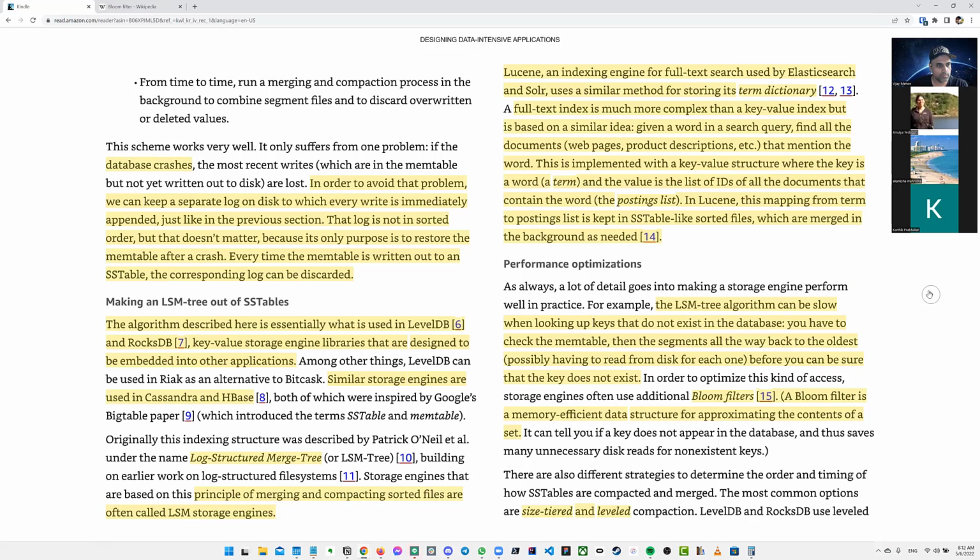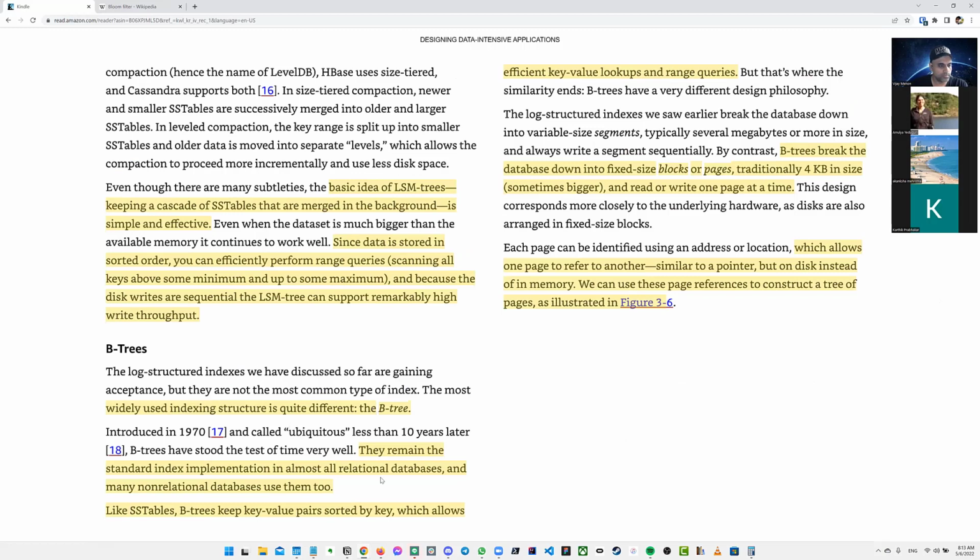You have to go through each segment and do a binary search kind of algorithm to find if the key you're looking for is in there. So it's not greatly optimized for reads. I think that's where B-trees shine. They have a good read complexity.